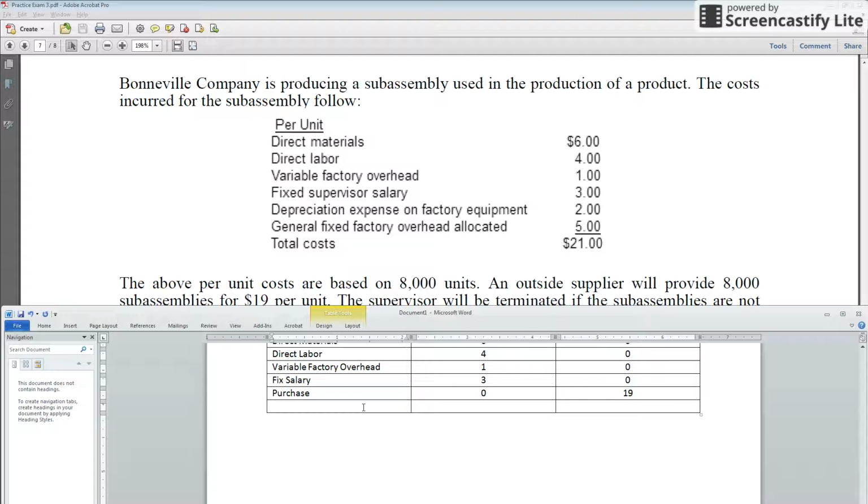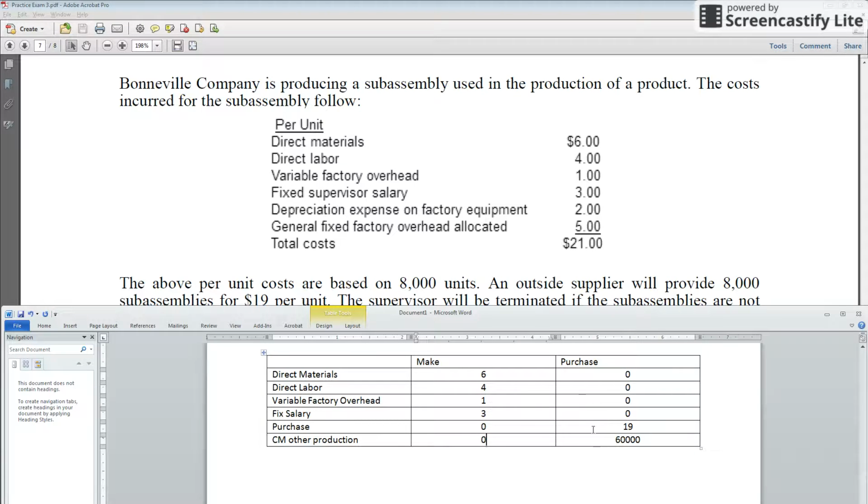I will add the contribution margin of other production, $60,000. Now something seems not right, because over here it's 60,000, so that's the total contribution margin that you have for that part.